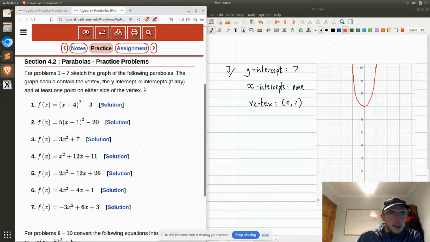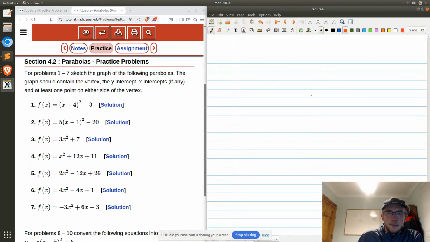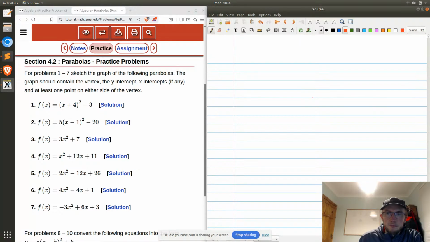And henceforth, instead of plotting them precisely with a piece of graph paper, we'll just sketch it by hand because it may look even better that way. And the point is to point out the key features.